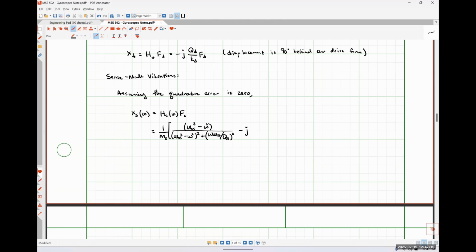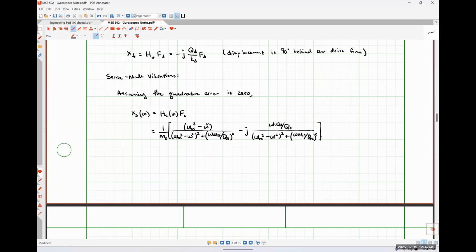minus J times omega naught S over QS divided by omega naught S squared minus omega squared squared plus omega naught S over QS squared.